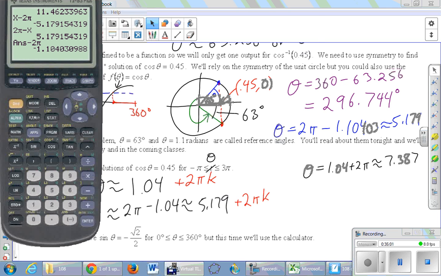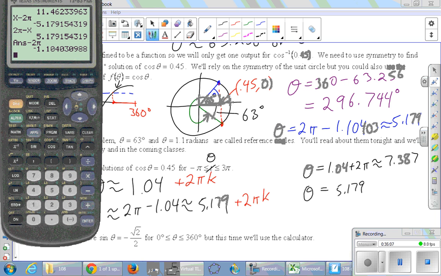So we're going to write that answer here. So we did our 5.179, and then we subtracted 2 pi, and we got negative 1.104, which is another valid answer to this problem.